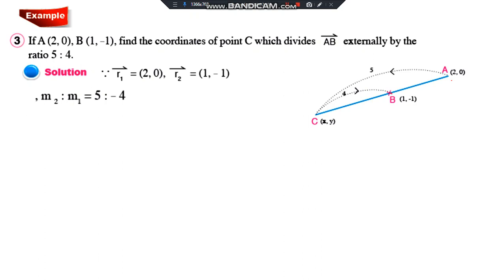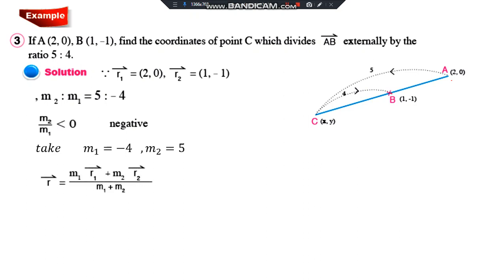And we have r1, which is represented by (2, 0), and r2 represented by (1, -1). So we can take m1 equal -4 and m2 equal 5, and r equals (m1 r1 plus m2 r2) over (m1 plus m2). So m1 is -4 multiplied by r1, which is (2, 0), plus m2, which is 5, multiplied by (1, -1), over -4 plus 5.